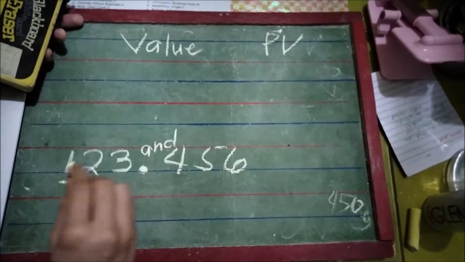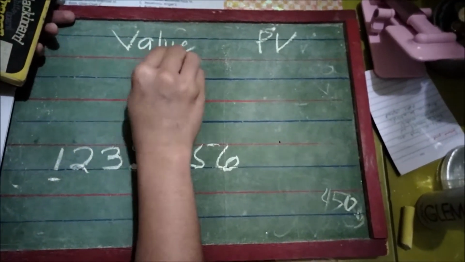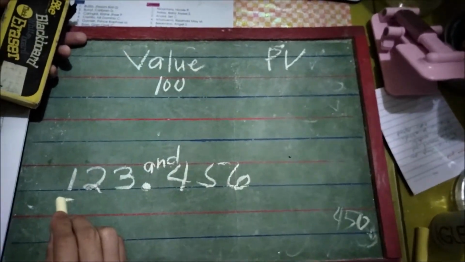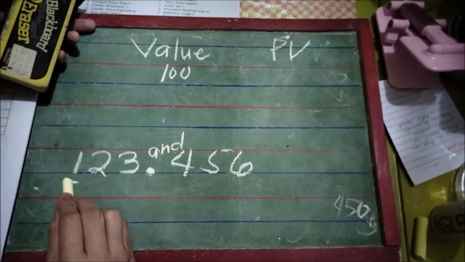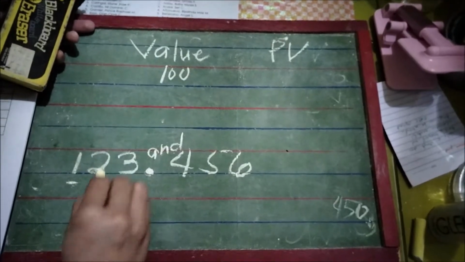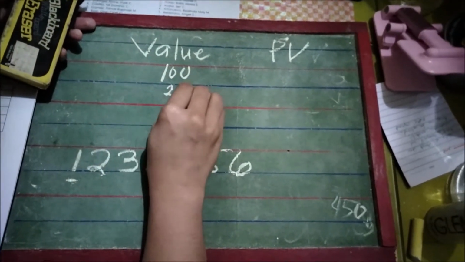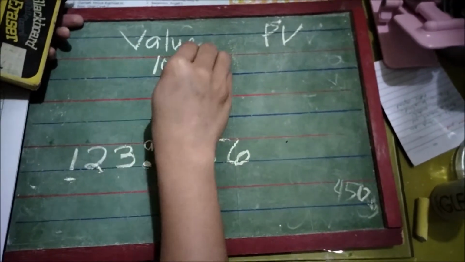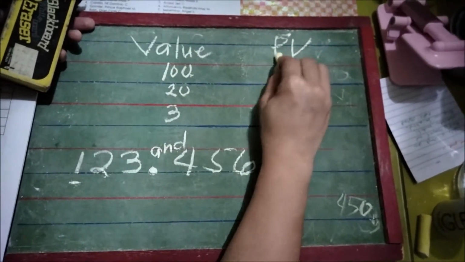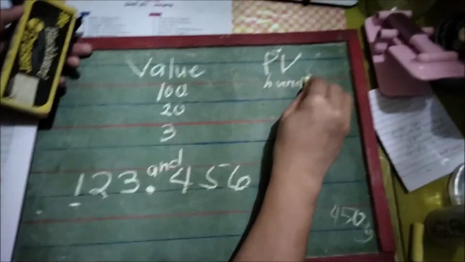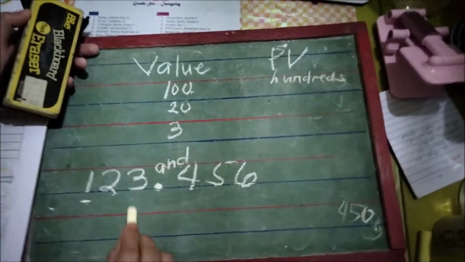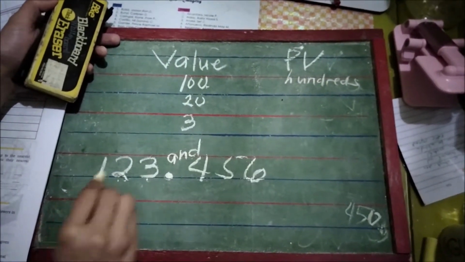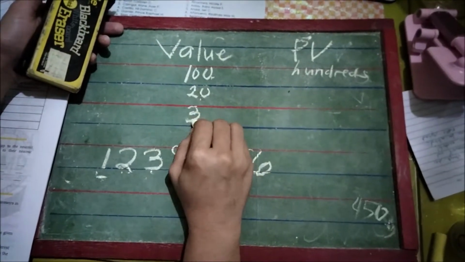The value of 1 is 100 because it is in the hundreds place value. The value of 2 is 20 and the value of 3 is 3. So for place value, we have hundreds, then tens, and then ones.